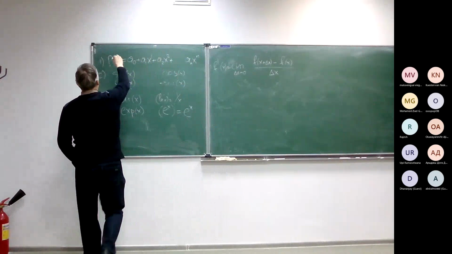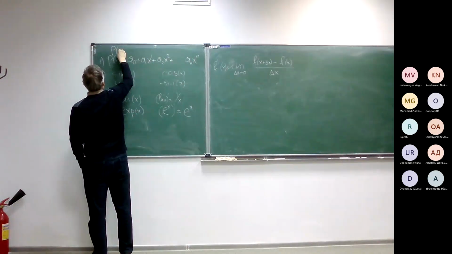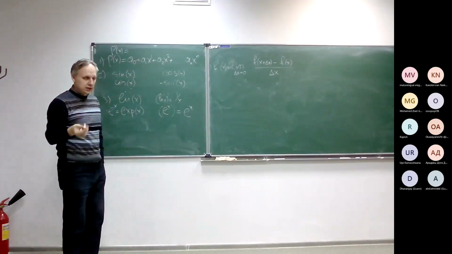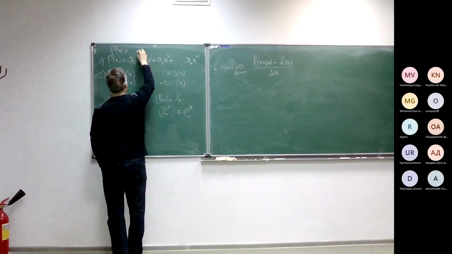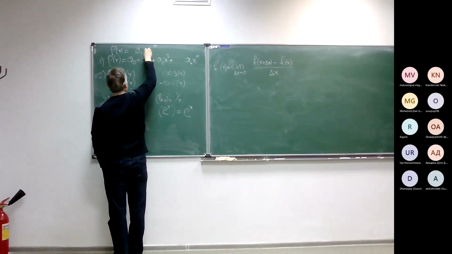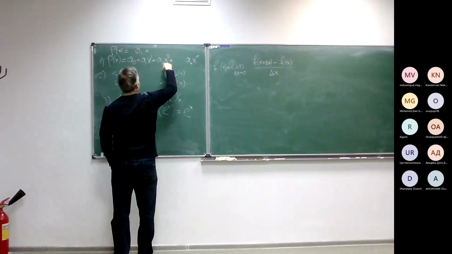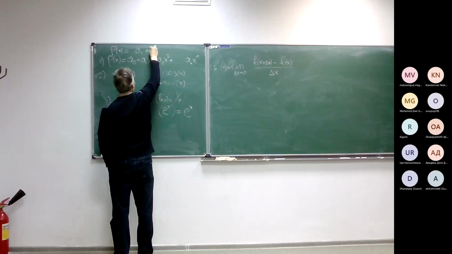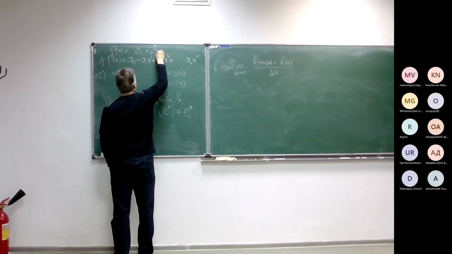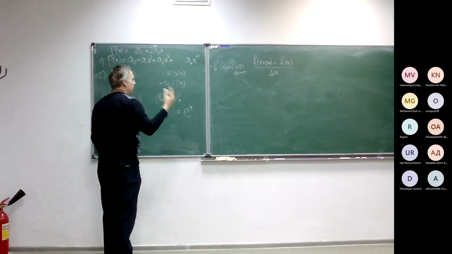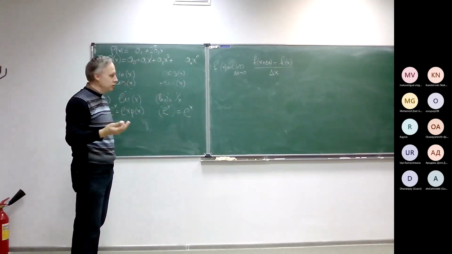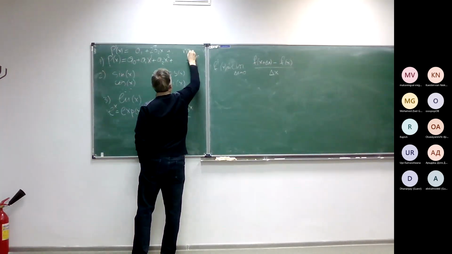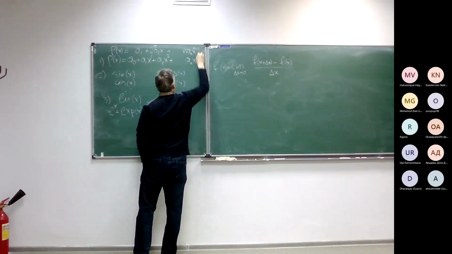Let me write it here. P'(x) equals: the derivative of a constant is 0, so we start from a1, plus 2a2x, because the derivative of x squared is 2x, and so on, up to x to the power n minus 1.